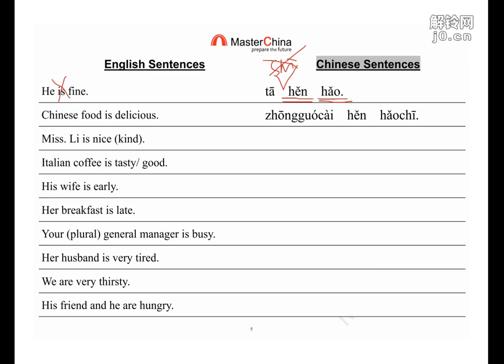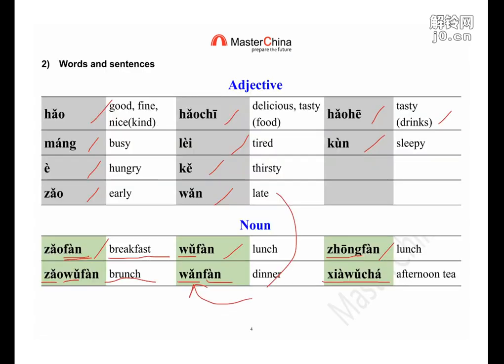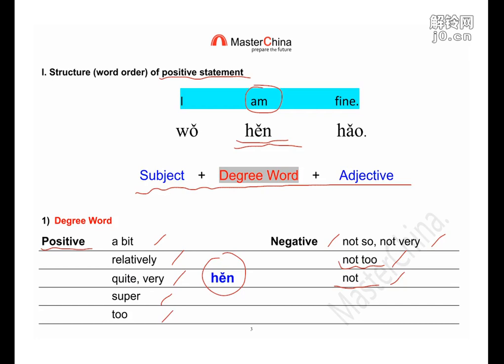So usually people say, I don't want to say it's very much, he's very good, he's very fine. But you should notice, in Chinese we must put the degree. The most common one we use is 很.